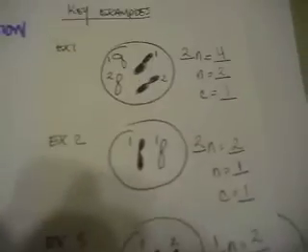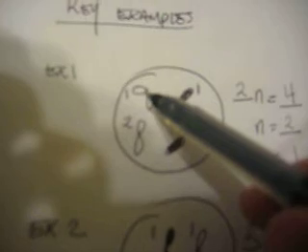Alright, now, I can ask you on a quiz, are these a homologous pair? No, they're not homologous because they're not both number 1s, or they're not both number 2s. A homologous pair would be when you have 2 of the same kind of chromosomes but 1 of each set.